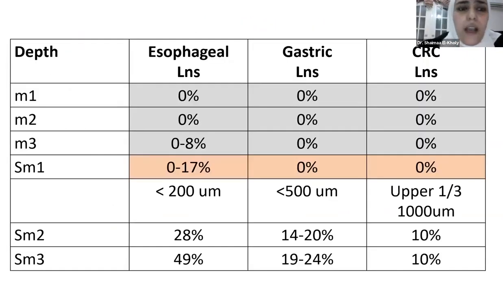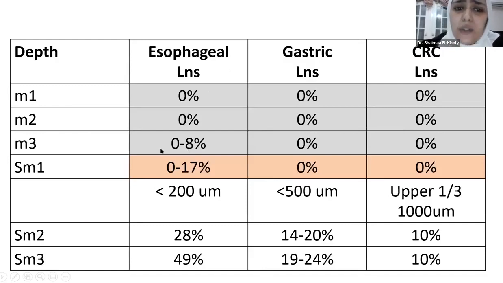As you can see here, when you go from esophageal cancer to gastric cancer to colorectal cancer, if you go through the mucosa M1, M2, M3, you can see that the incidence of lymph node metastasis is around 0. We have to bear in mind that these numbers are not strict numbers. It's just a range of numbers, but it's usually around 0.